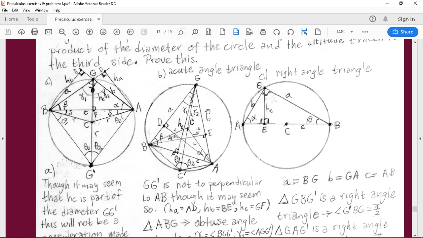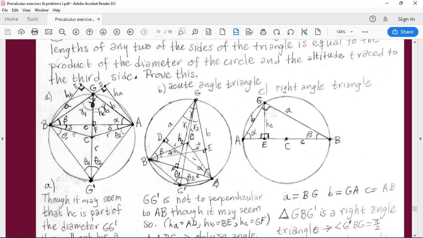In the case of GCA, CA and CG are equal because their lengths are equal to that of the radius of the circle. CG and CB are also equal, and CB and CA are also equal because their lengths are all equal to the radius of the circle.